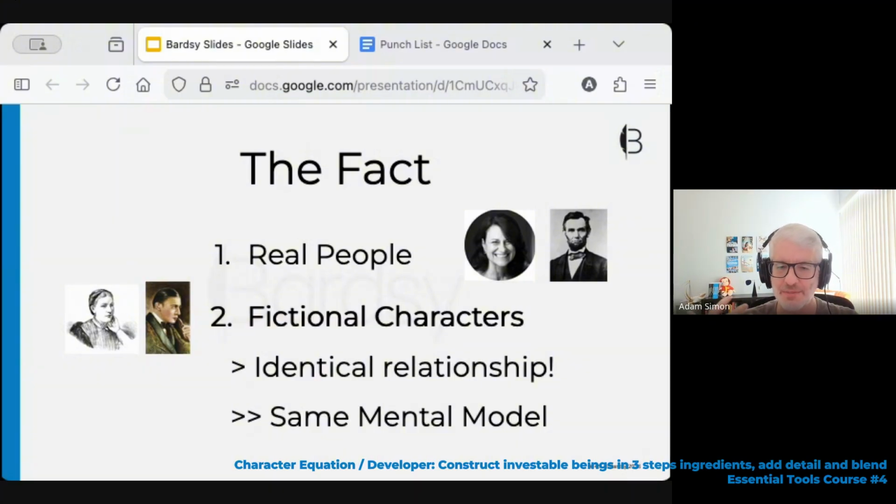And we call that brain mechanism a mental model. Let me just say it again. We relate to fictional beings exactly as we relate to real people. If we're doing our job as authors, these fictional beings, your characters, become real in their minds.